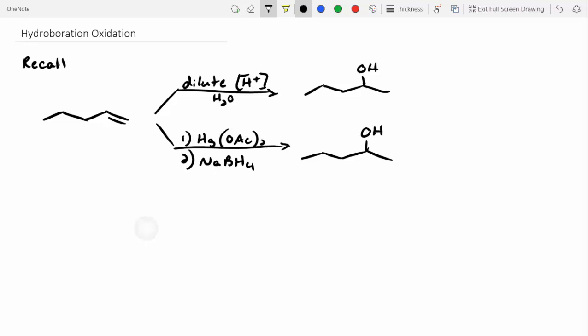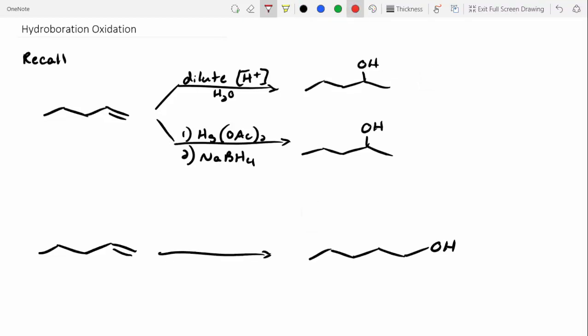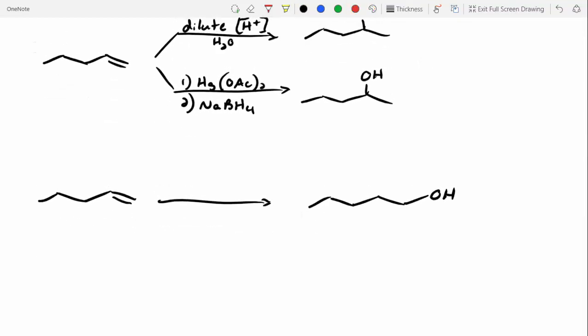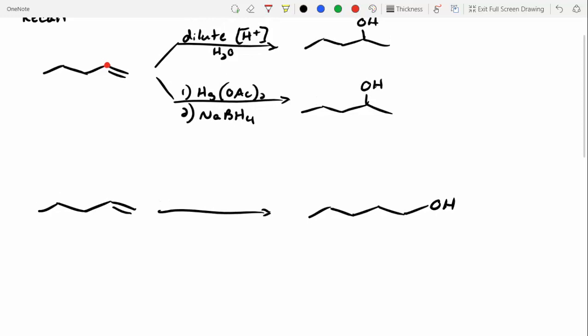However, what if we don't want the alcohol to get attached to that carbon? What if we want it to be attached to the other carbon on the alkene? Go up. Is that high enough? Okay. So in this example, we added the alcohol onto the more substituted side of the alkene.